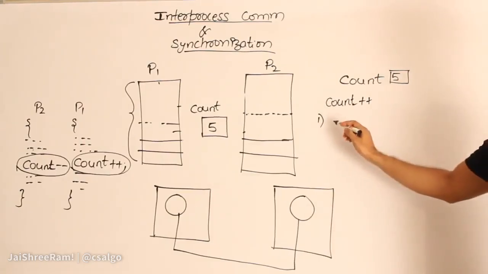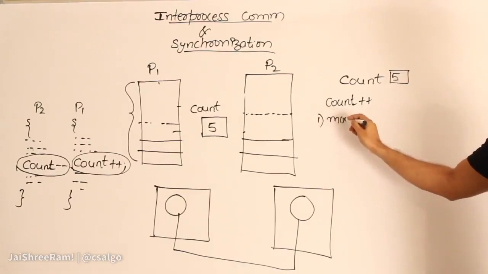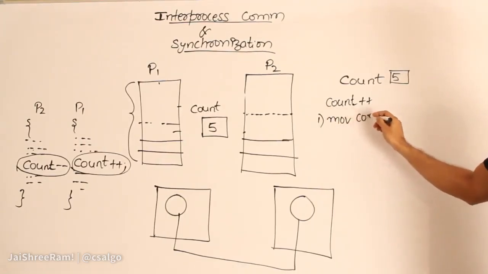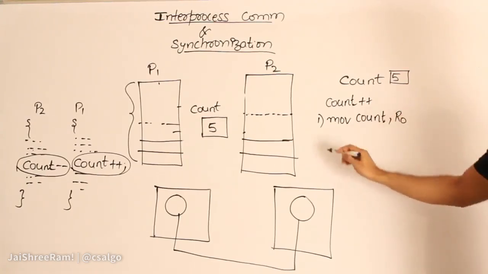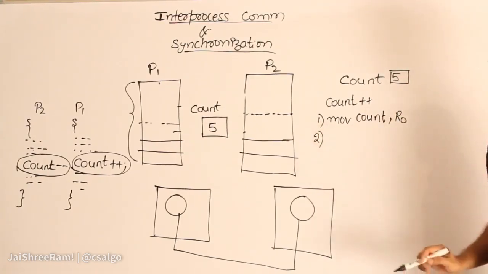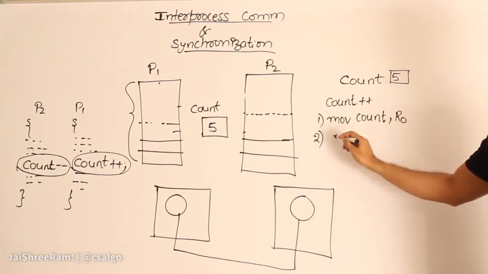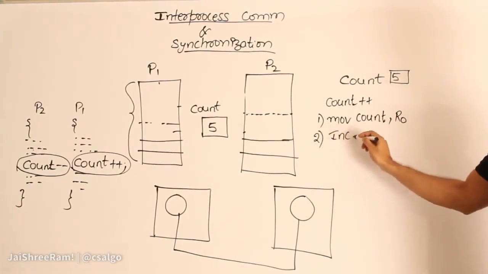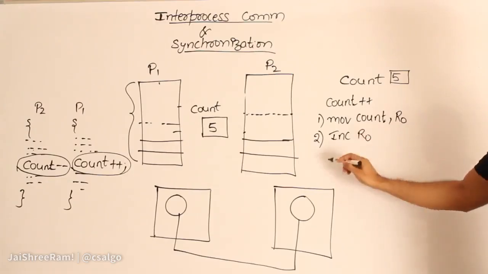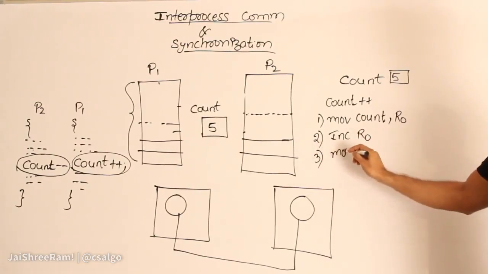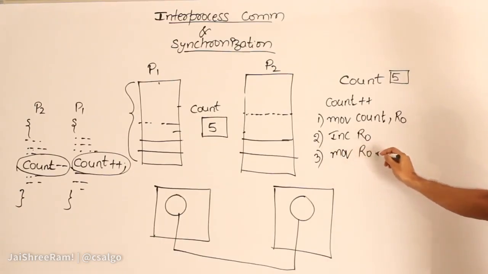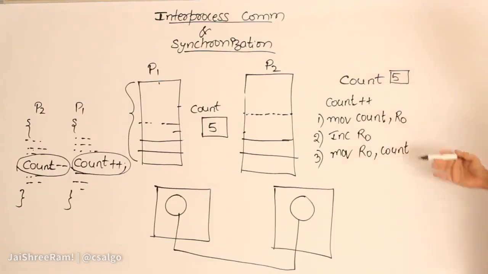First instruction may be we want to move count into some register R1, and second instruction, after moving it, maybe we want to increment the R1, and third instruction is we want to move R1 back into count. Okay, so this is how the typical instructions look when you are trying to increment a count.